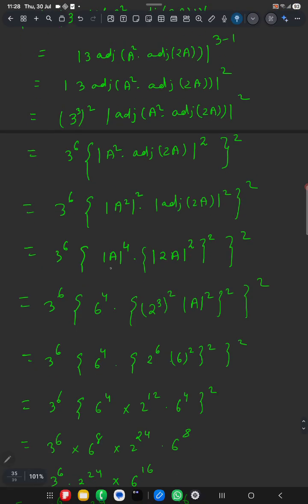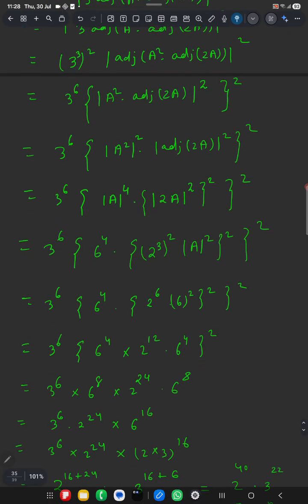Now this determinant is given in your question as 6. 6 power 4. Here scalar into matrix, so again this comes with the power of the order, that is 2 power 3, and 2 power 3, and this 2 is here. And determinant of A square for this, and the whole 2 is here. Okay, clear? And this 2 is here.